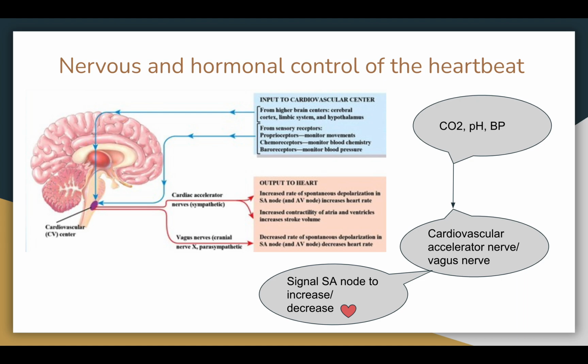So this is an area in our brain called the cardiovascular center, and that's located in the medulla oblongata. I think this is a bit hard to see, but yeah. So the cardiovascular center in our brain is located in the medulla oblongata.